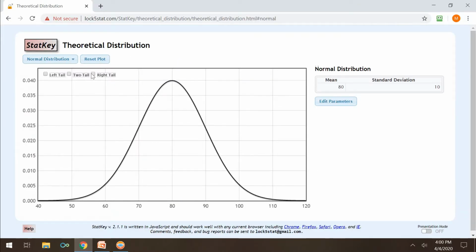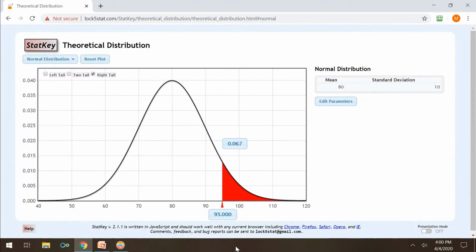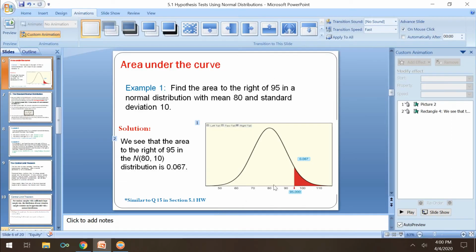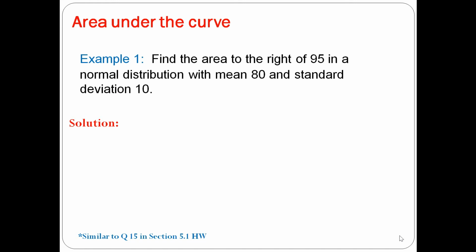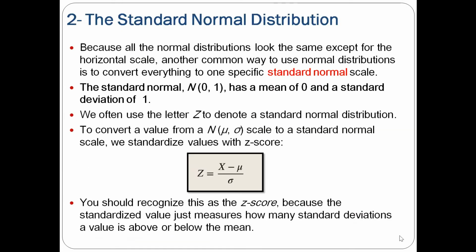So you will click right, and you will adjust the cutoff to 95. And by doing so, you will get the area under the curve. And here, the area is 0.067. And this is given to you in your PowerPoint. This example is similar to question 15 in the homework that you'll have for 5.1.